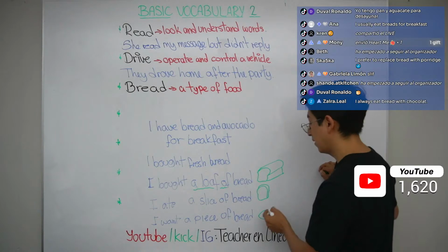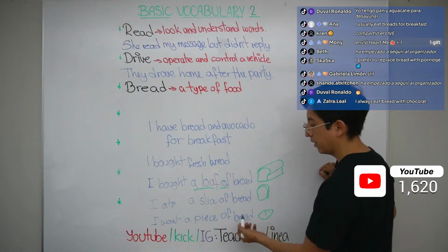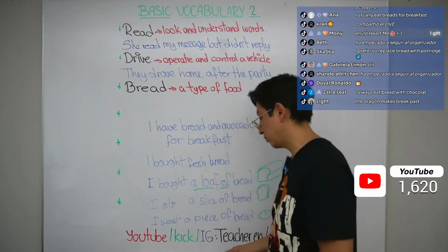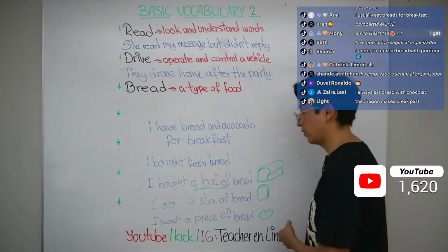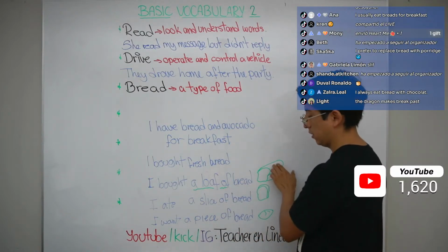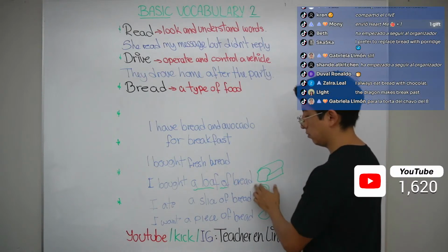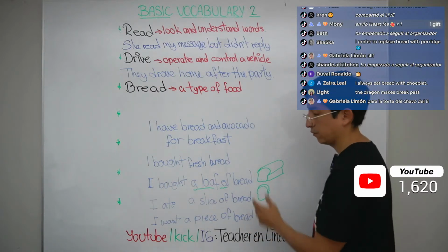So when we go to the bakery, we always buy pieces of bread, no? Maybe you can say, I would like to buy 10 pieces of bread, 12 pieces of bread. Or maybe if in your country you use this type, you can say, I would like to buy a loaf of bread or 10 slices of bread.